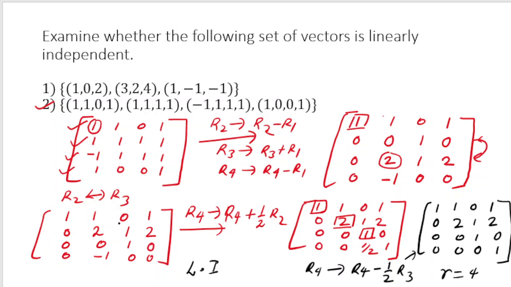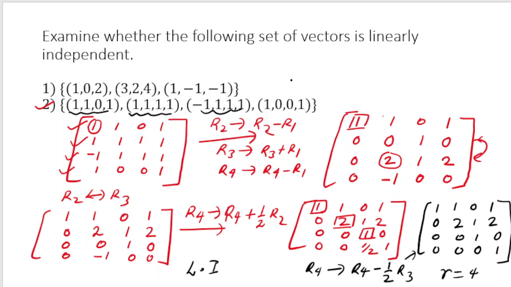Now I hope you also are clear that if you take any of the vectors here, you won't be able to write it as a combination of the other 3 vectors. You can verify it yourself, just as an exercise.